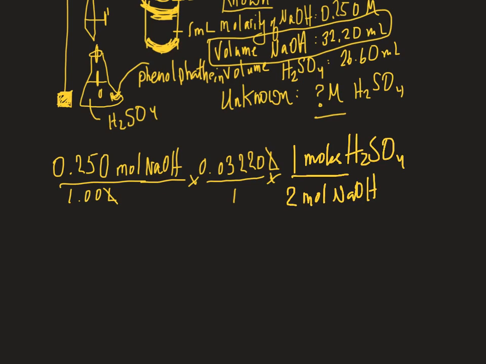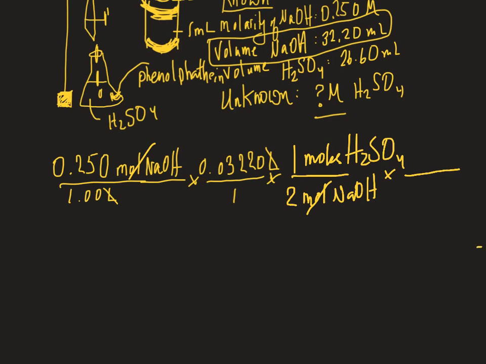The reason I put base on the bottom was so that the moles of NaOH would cancel diagonally. Now that I know the moles of acid that must have been below in my Erlenmeyer flask, I have one more step. Because molarity is a concentration, it's moles per liter, that step is dividing by the volume of acid that I added.